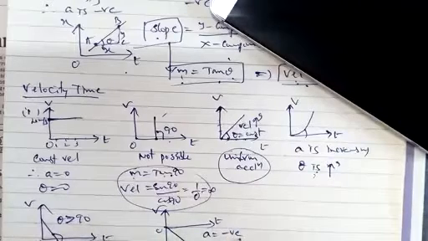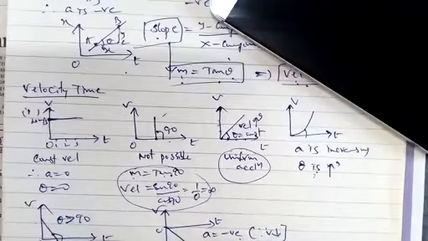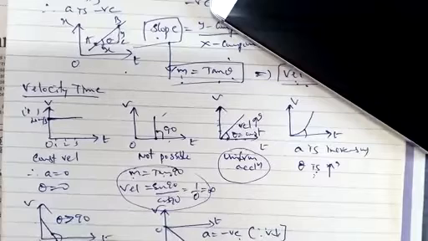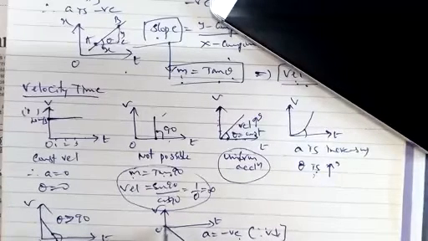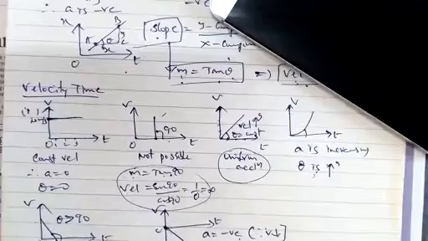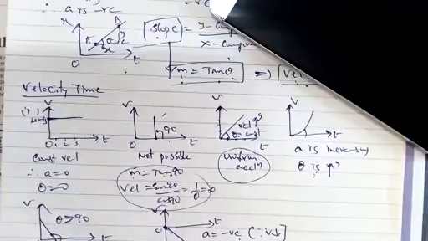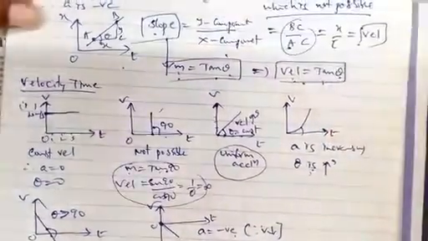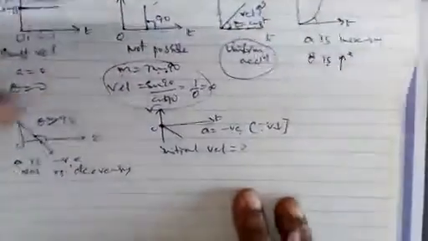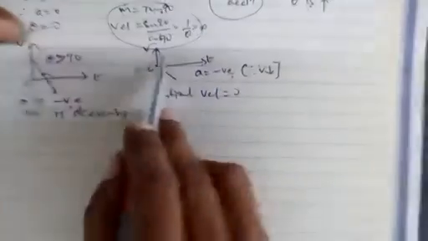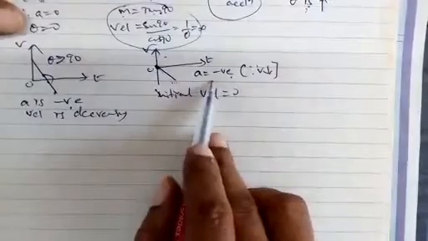And here the initial velocity is 0. So these are some of the graphs related to velocity time graphs.